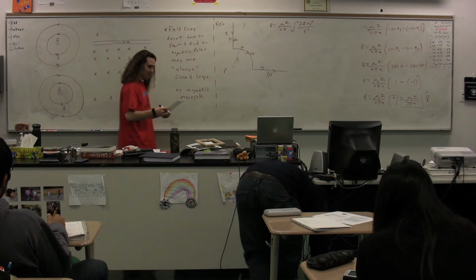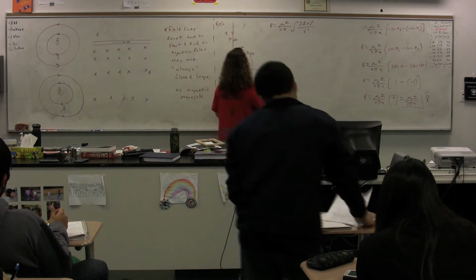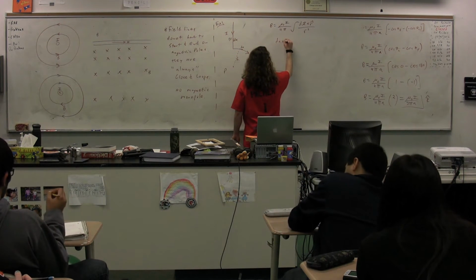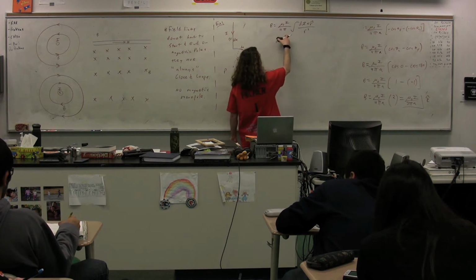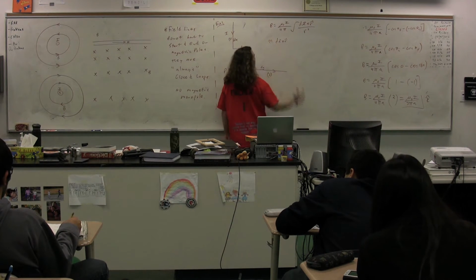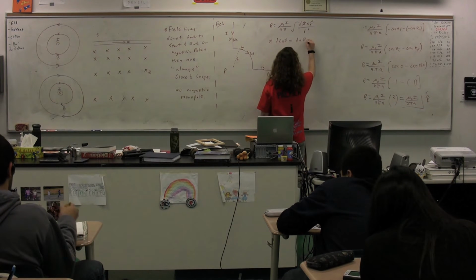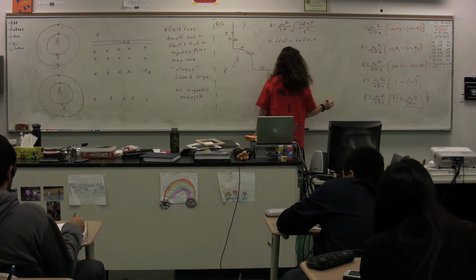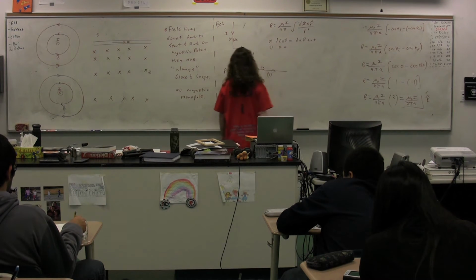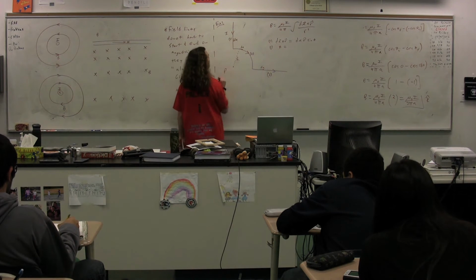Let's just look at first ds cross unit vector r for wire 1. That is equal to ds times unit vector r times the sine of theta. For wire 1, theta is equal to... Now, notice ds is here.